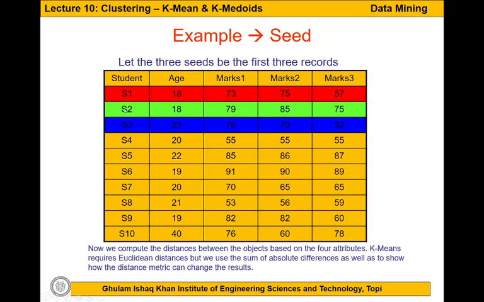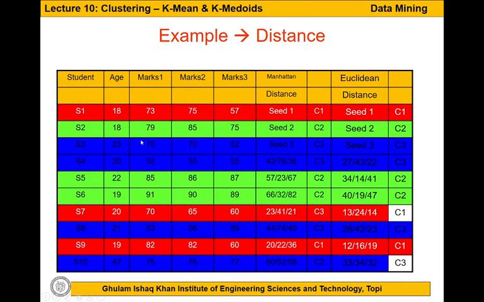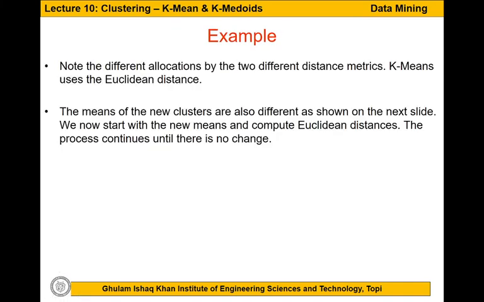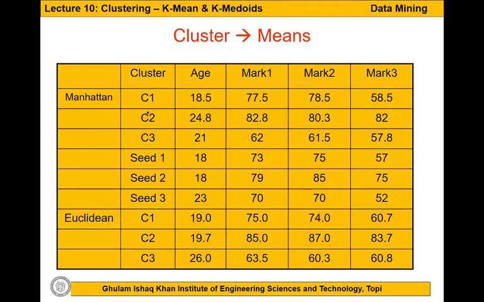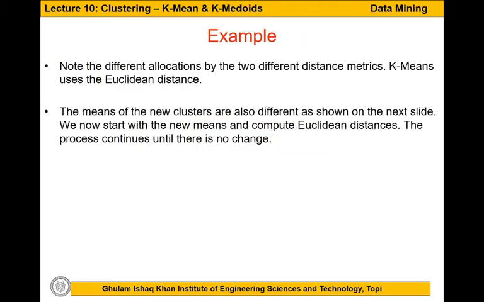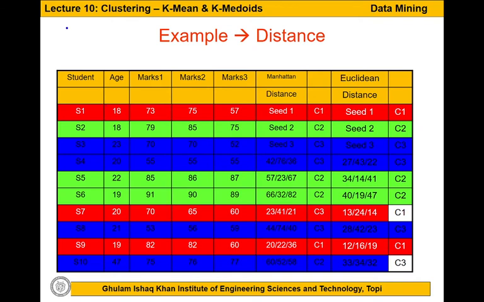Initially we selected these cluster centers, but once every cluster has got its members, it's time to compute new cluster centers. So we will be averaging out: we pick these instances, take an average of these 3 values and put it as the new value of age, and we pick these 3 values and take their average, and this will be the average of marks 1, and so on and so forth.